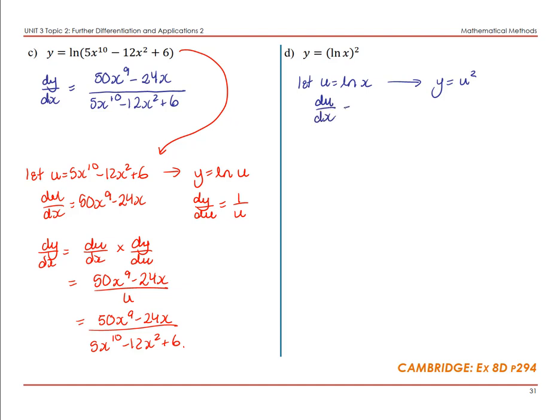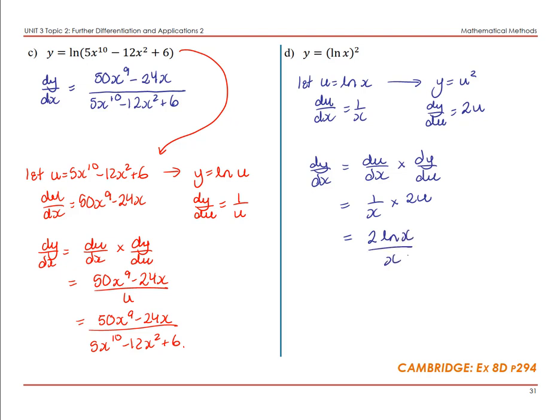Differentiate both. du/dx is 1 on x. dy/du is 2u. dy/dx equals du/dx multiplied by dy/du, which is 1 on x multiplied by 2u, which is 2 ln of x all over x.